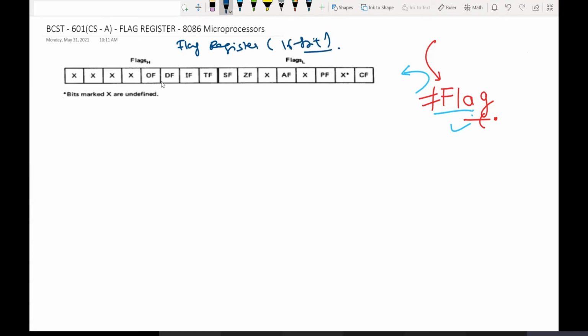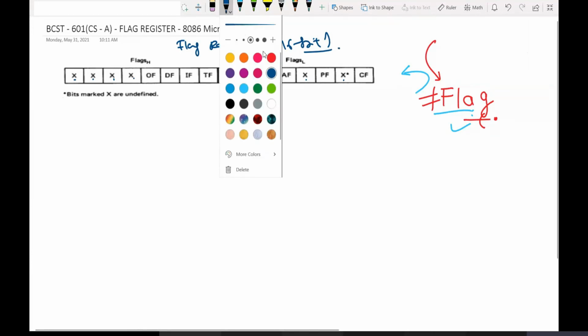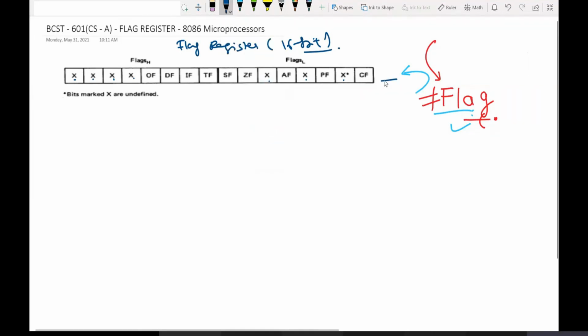But not all 16 bits are filled with content. A few bits are left unused, because of recent advancement or overlap in the technology. So let's start one by one from the left side, this particular side, to the right side.